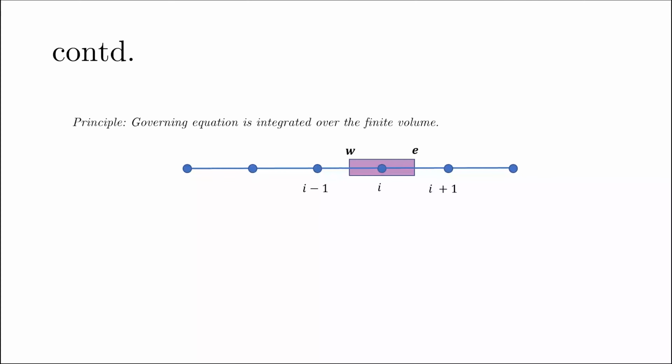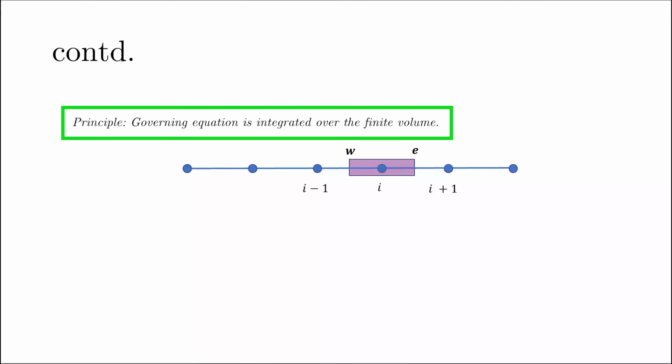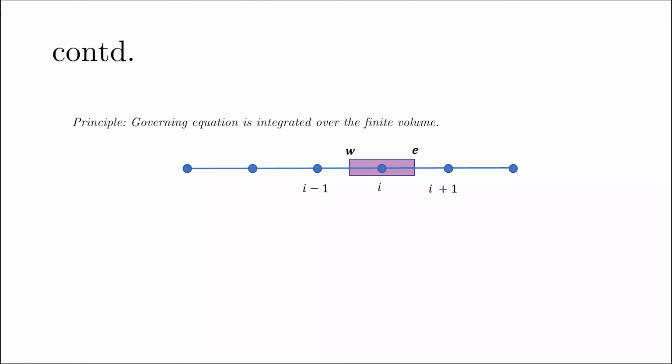The fundamental principle of using the finite volume method is to take the governing equation and simply integrate it over this finite volume. That's what I've written on the top: the governing equation is integrated over the finite volume, where the finite volume is defined as this purple space that goes from small w to small e. So we take our equation, d square T over dx square equals 0.